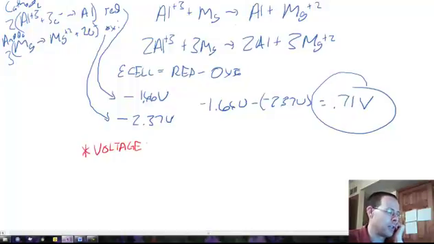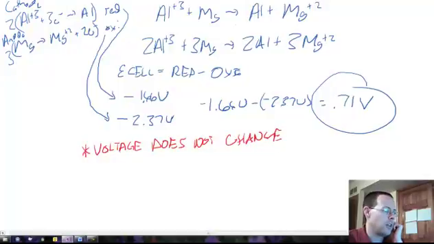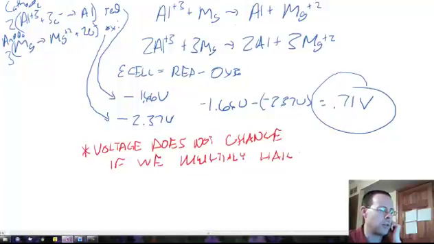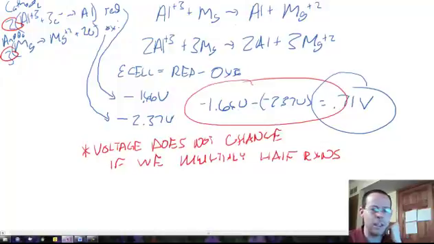So voltage does not change if we multiply our half reactions. So even though we had to multiply our reduction reaction by 2 and our oxidation reaction by 3, notice that is not translated into our E cell.